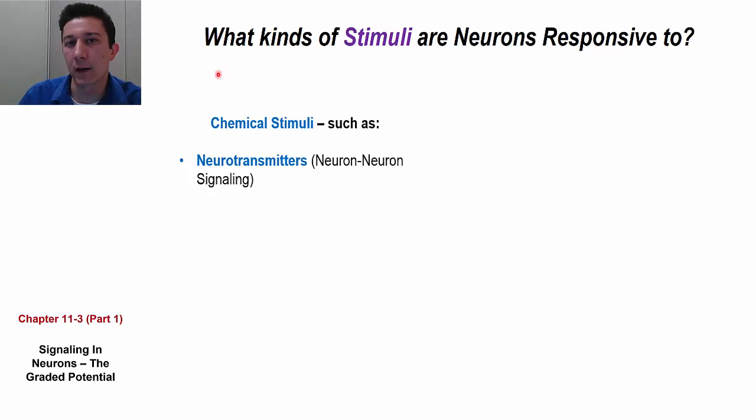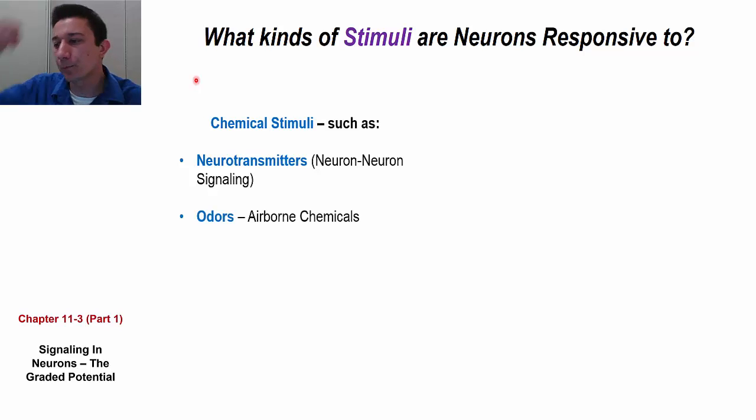The nervous system is really just a bunch of neurons chained together end to end. Neurotransmitters, which are released by neurons, serve as chemical stimuli for the next neuron in the chain. This is the kind of signaling that we'll focus on for this chapter.